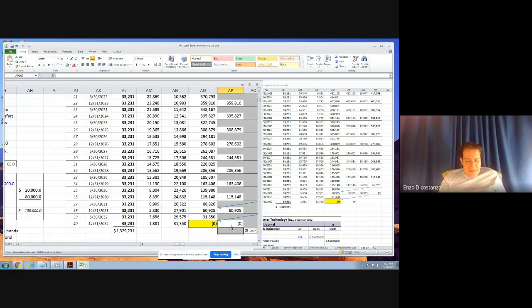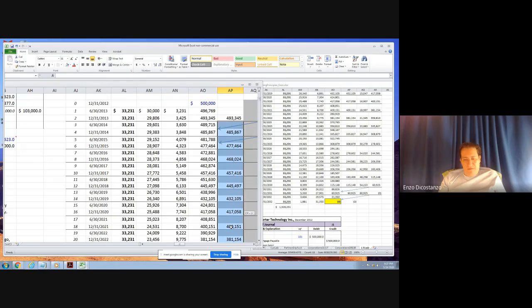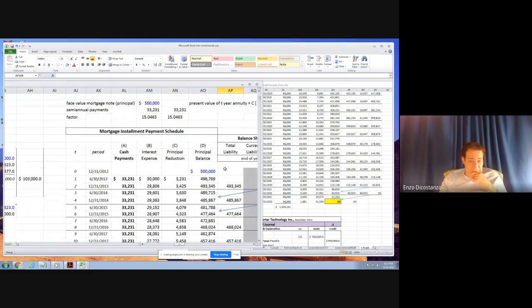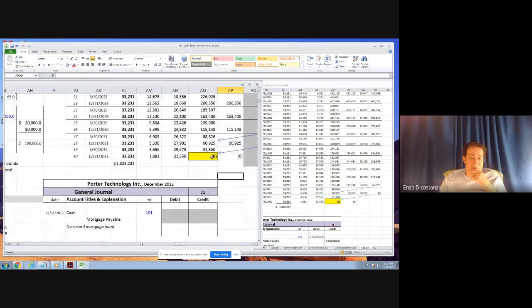Yeah, this one didn't need any border. Right, that didn't need a border. But those are all the total liabilities. Okay, so like I said, this is right because you end up at 0.